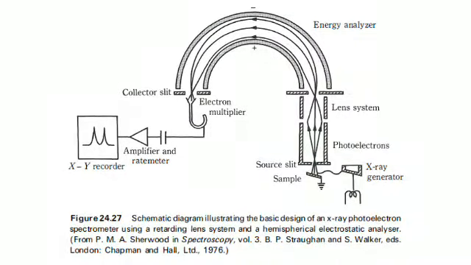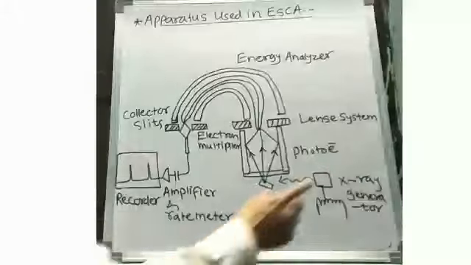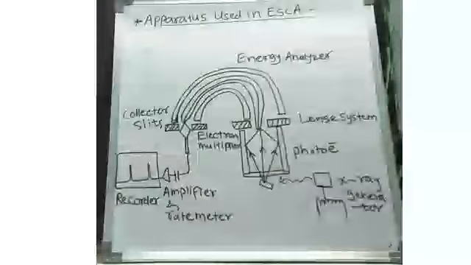Next topic, apparatus used in ESCA. Here the figure is given, a schematic diagram of an ESCA or X-ray photoelectron spectrometer. This is the X-ray generator. Here is the sample, and the photoelectrons generated go to here.